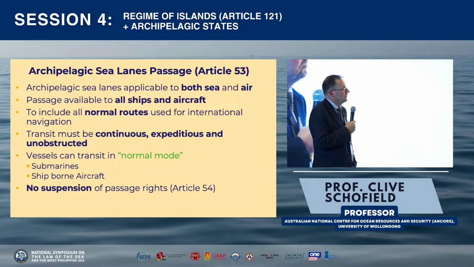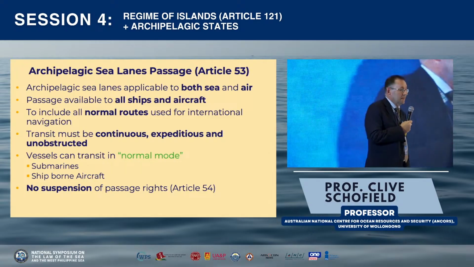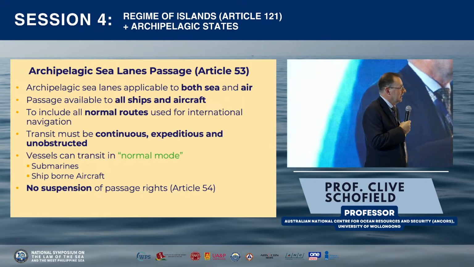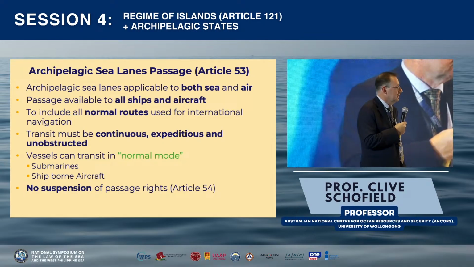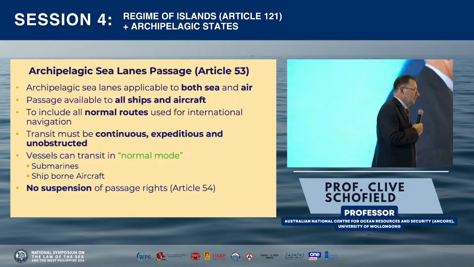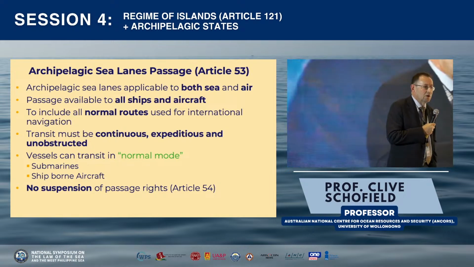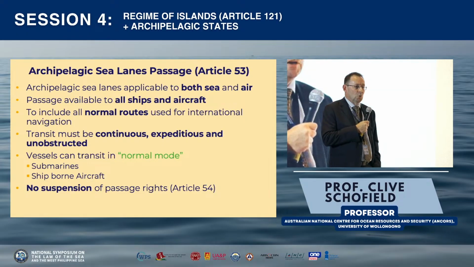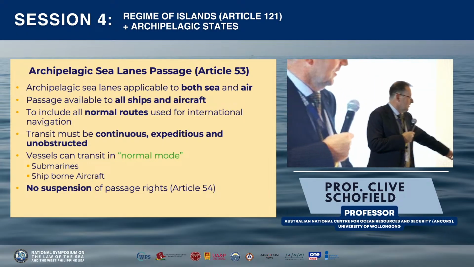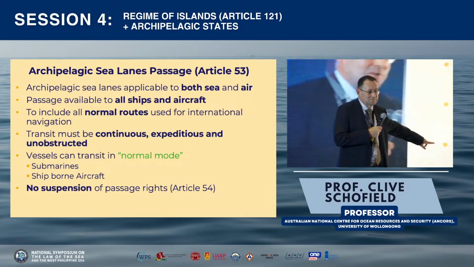So, for archipelagic sea lanes, that applies to both sea and air. It applies to all ships and aircraft, including military. That transit has to be continuous, expeditious, and unobstructed by the archipelagic state. And it can happen in normal mode. What's the normal mode for a submarine?